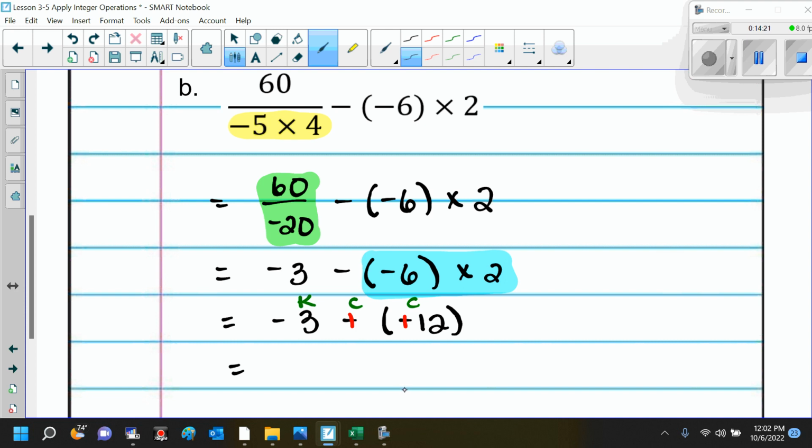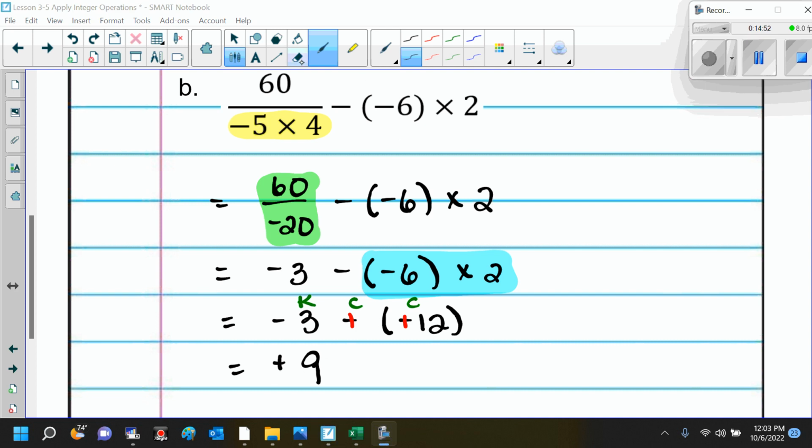And what do I do to those numbers? Subtract. So we subtract the digits and take the sign of the bigger digit. So 12 minus 3 is 9. And which one is bigger, the 3 or the 12? 12. So what's my sign going to be? Positive, because 12 is bigger. So it's going to be a positive 9.